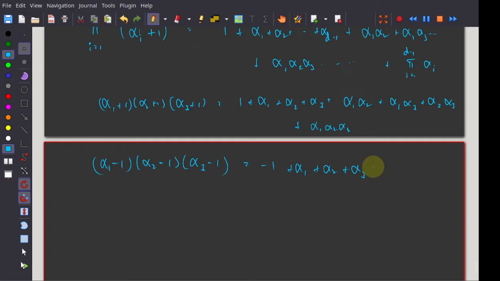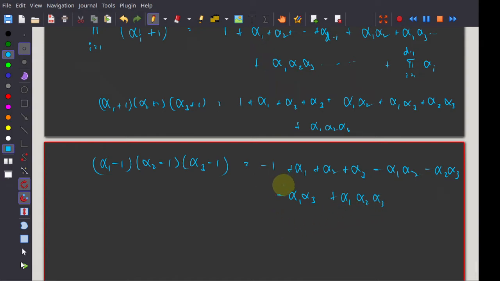Are you sure it's plus alpha 1 alpha 2? It is alpha 1 into alpha 2 into minus 1, right? So it's minus alpha 1 alpha 2, and then minus 1 into alpha 2 into alpha 3, and minus alpha 3, then alpha 1 into minus 1 into alpha 3, and then I have alpha 1 into alpha 2 into alpha 3.